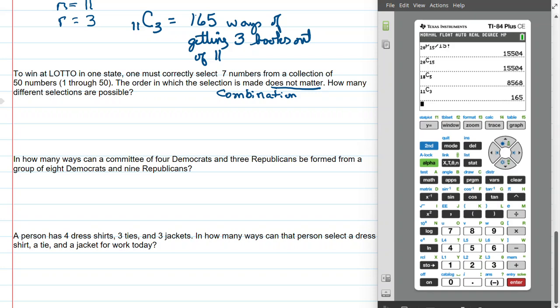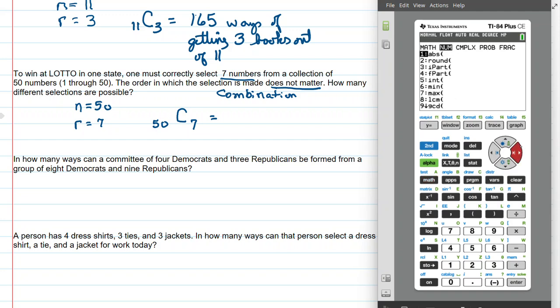So our N is 50, and 7 numbers from that collection. So the size of our grouping is 7. Choose 7. So we're going to enter our 50 first, go to math, move to PROB, go to number 3, and enter 7.